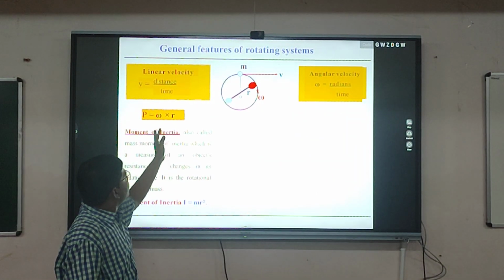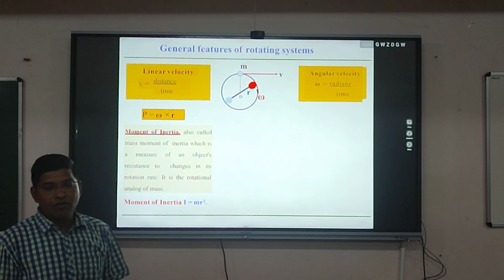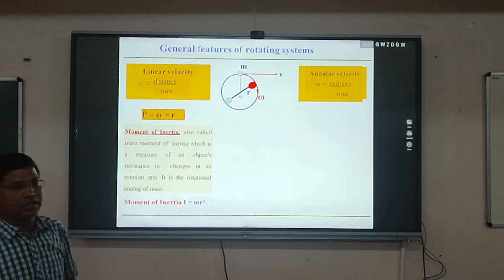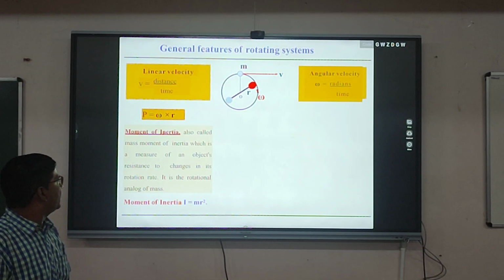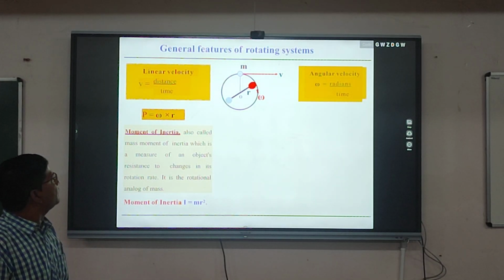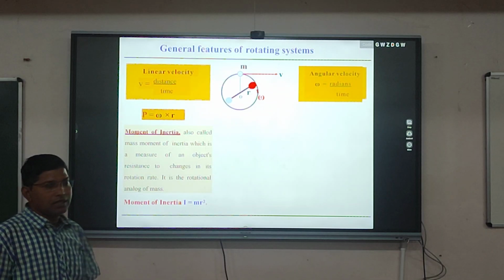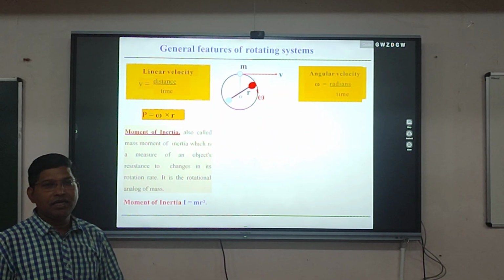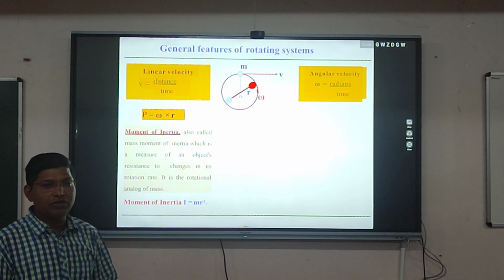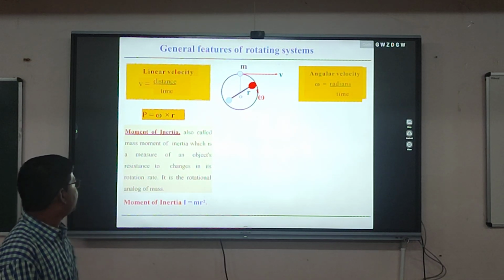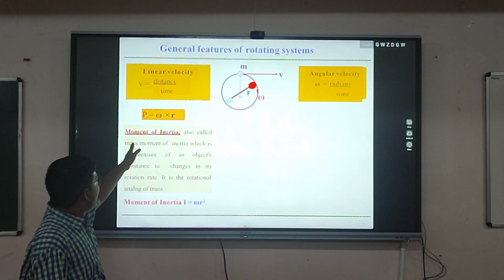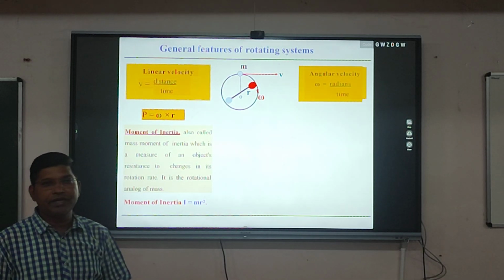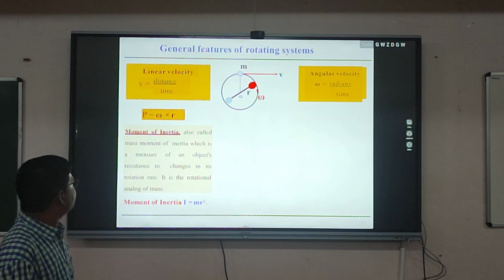Now we will know what the moment of inertia is. This moment of inertia is a very important part of this spectroscopy, because based on moment of inertia we will classify the rotating molecules in space. So how will we understand what the moment of inertia is and its importance in microwave spectroscopy?